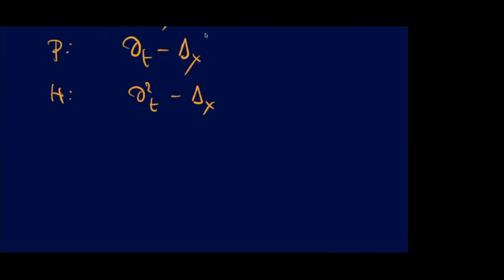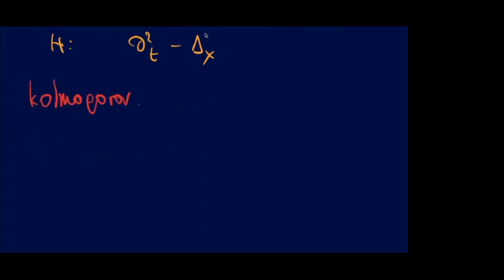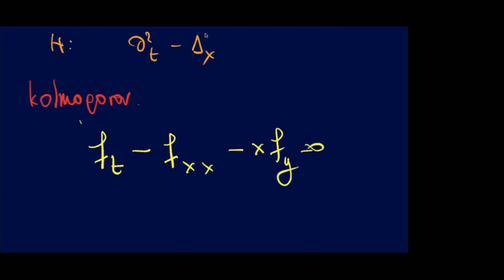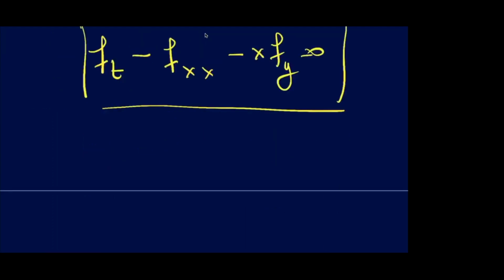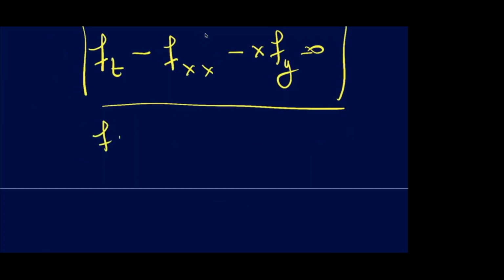But there is a celebrated equation that was analyzed by Kolmogorov, right? That is, you know, the Fokker-Planck equation, actually. And it can be written in that way, right? So it's an equation that looks like this, right? So when you look at this equation, you see, oh, this is kind of a mix, right?